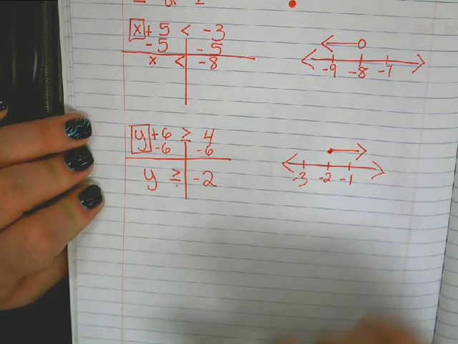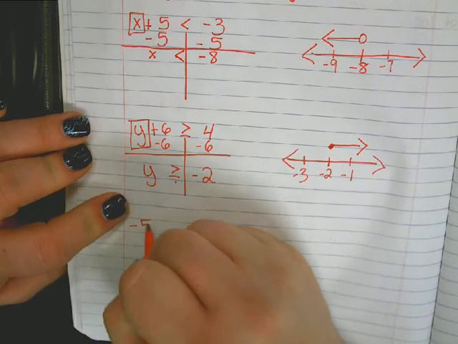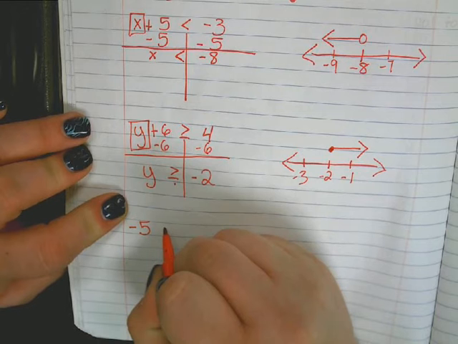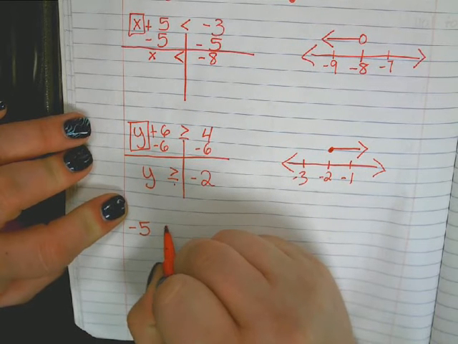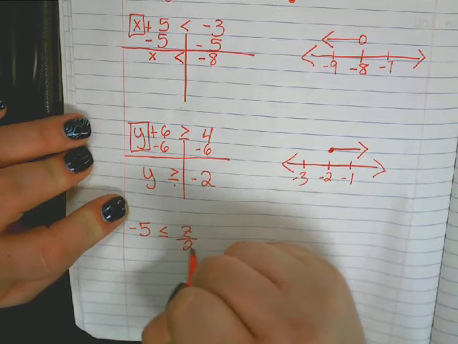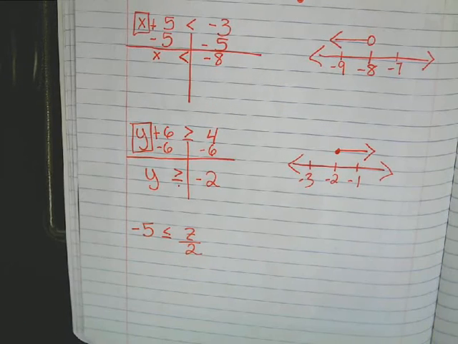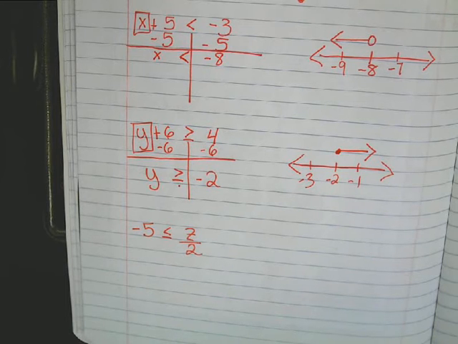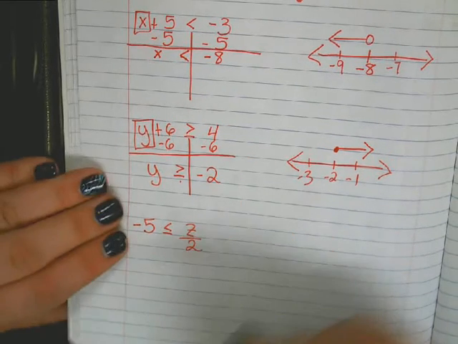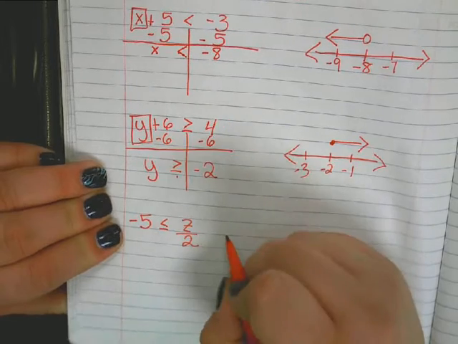What about if I have -5 is less than or equal to z divided by 2? Is my letter on the left side? No. So I need to rewrite it. When I rewrite it, I'm going to move this to the left side.